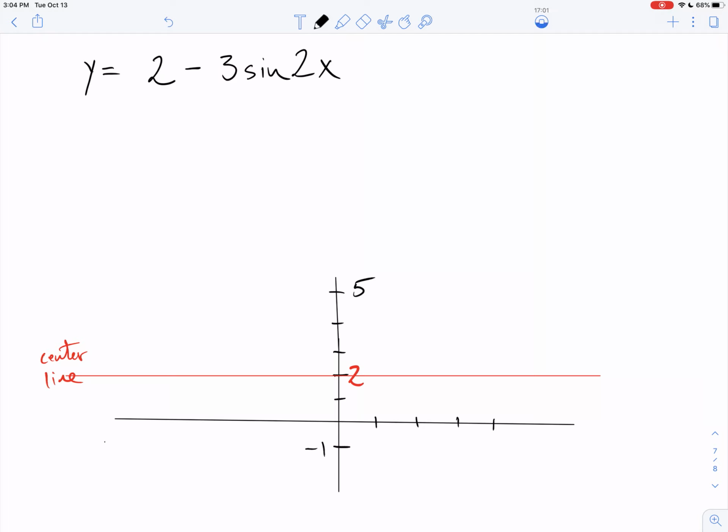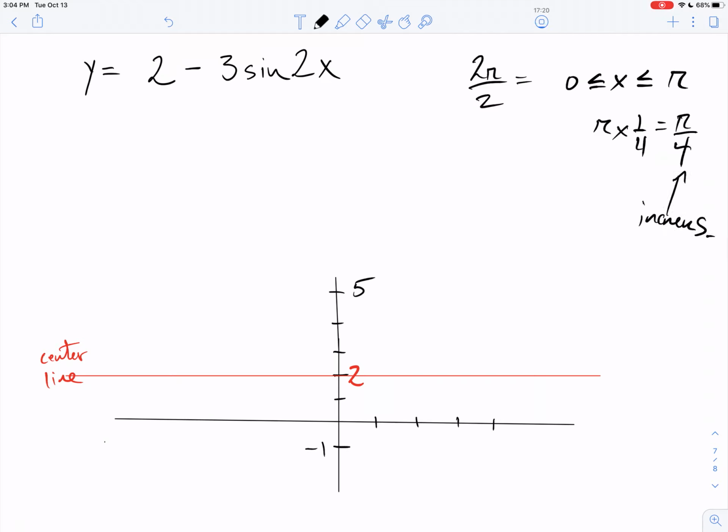But what are my increments for this graph? Well, 2 pi divided by 2. My period goes from 0 to pi. Pi times 1/4 means I'm going to count by quarters. That's my increments. I'm going to abbreviate.